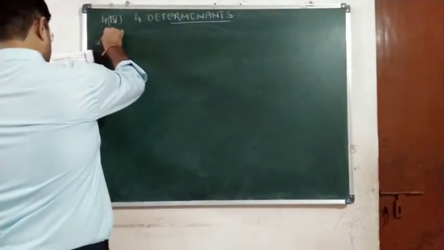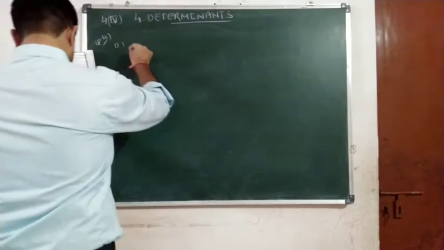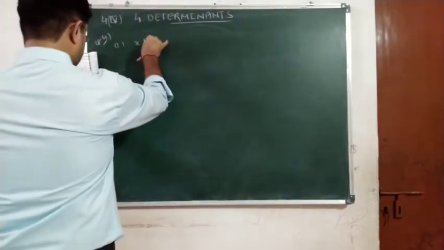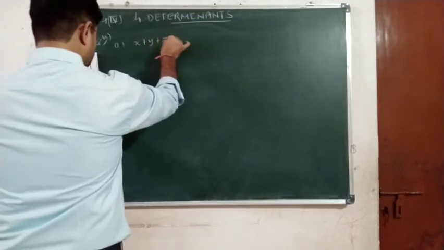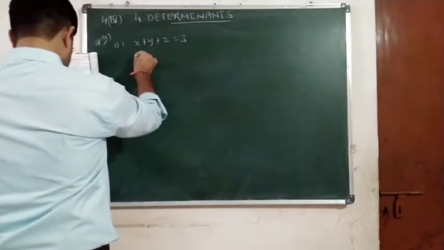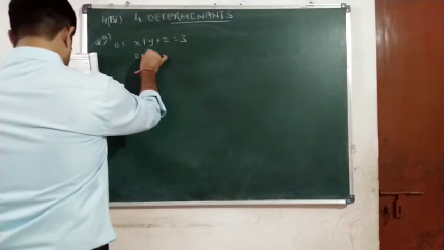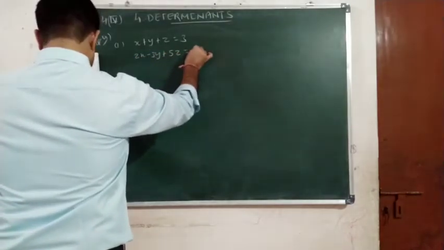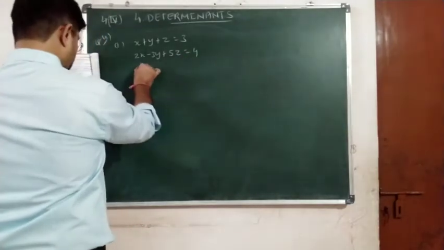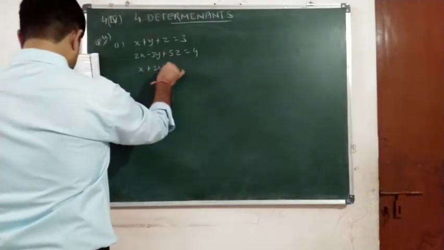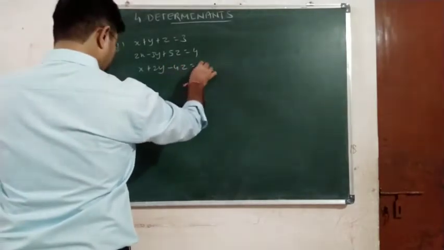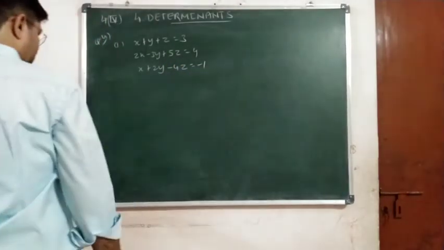Okay, question number 4, number 1. Solve the following by Cramer's rule. We are given the equations x plus y plus z is equal to 3, 2x minus 3y plus 5z is equal to 4, and x plus 2y minus 4z is equal to minus 1.